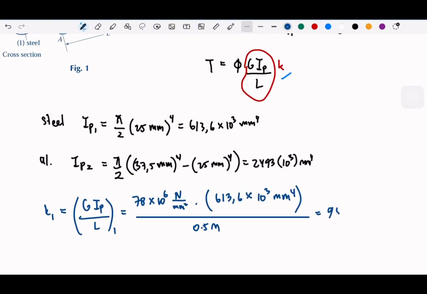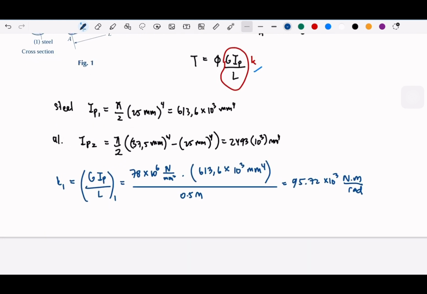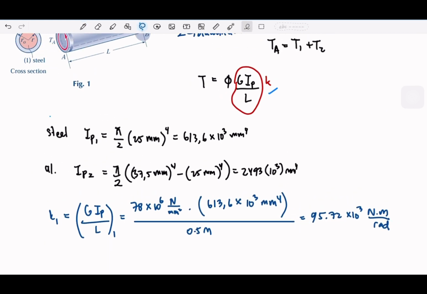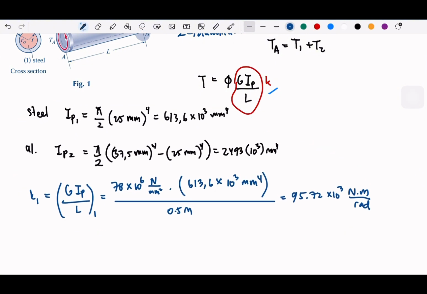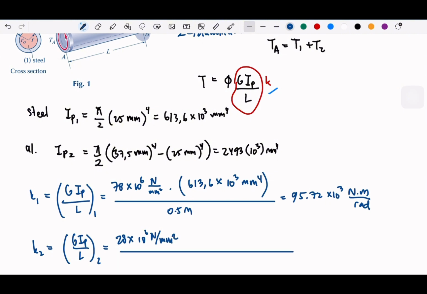And we have 95.72 per radians. And do the same thing for the aluminum, the same length, and then inertia, and compute.